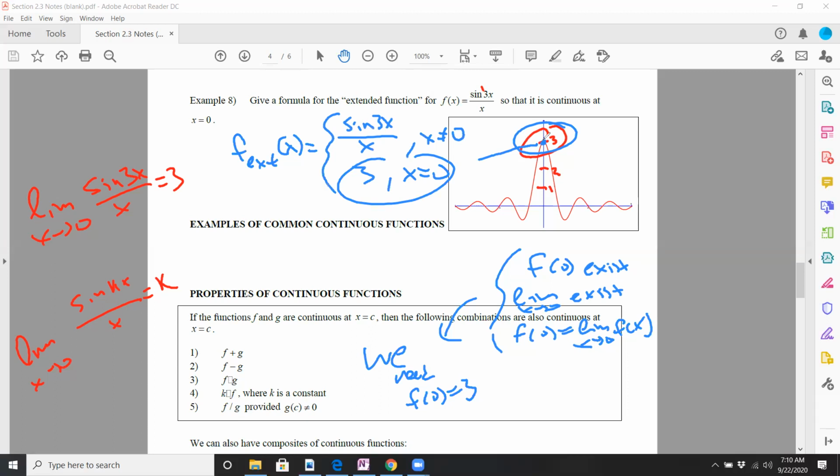Now, what are examples of common continuous functions that we'll see in this class? Definitely polynomials. Definitely rational functions. Trig for sure. Logs for sure. Exponential functions. So there's kind of a variety.